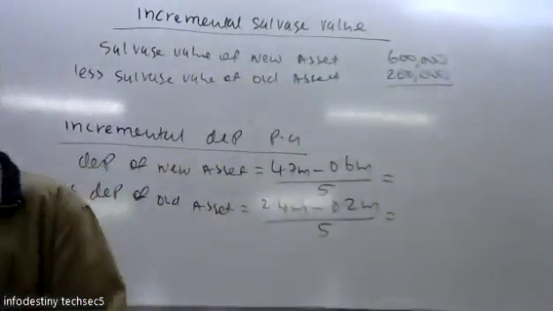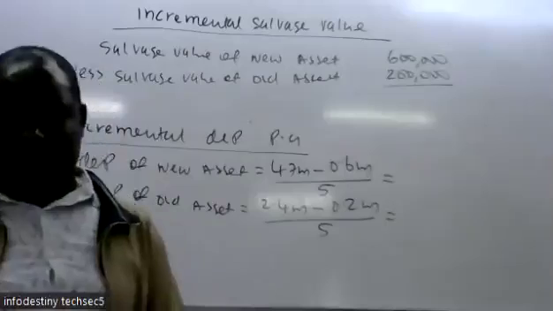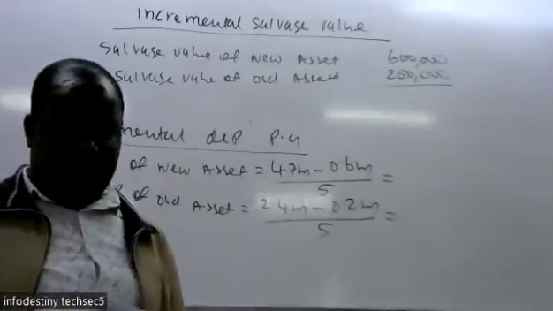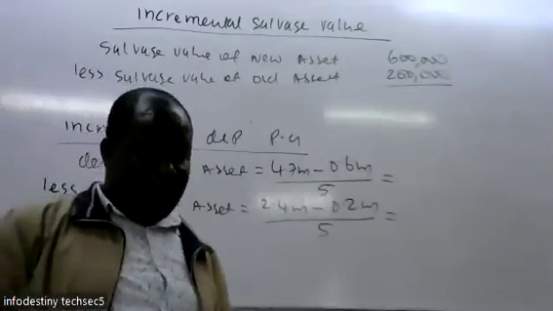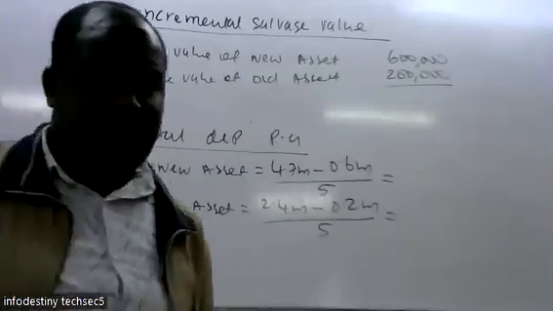Then now we got step number 4, which is now the incremental net operating cash flow.